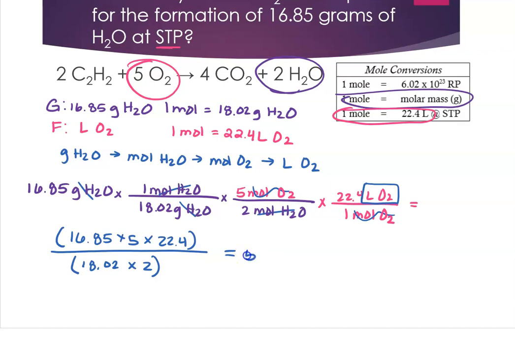And when we do all that math, we get 52.364 liters of O2. So we check significant figures. It's 4 sig figs here. So 1, 2, 3, 4 would be 52.36 liters of O2.